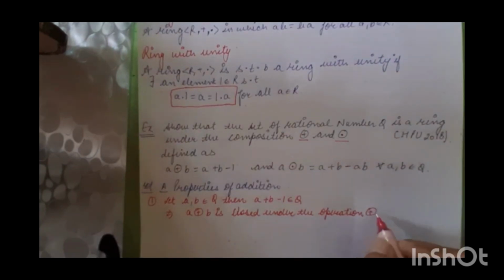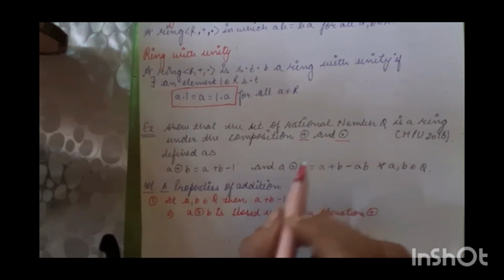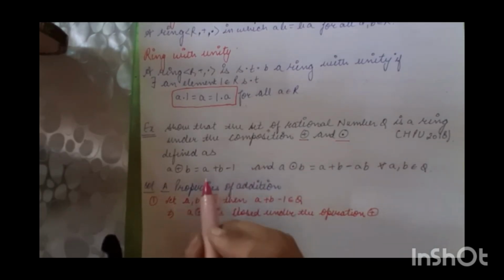Basically, this plus with a circle around it and this multiplication with a circle around it are nothing but operations, and we have defined them as A + B − 1 and A + B − AB. So we need to satisfy the properties as per these operations, right? So the first one we have proved, that it is closed.